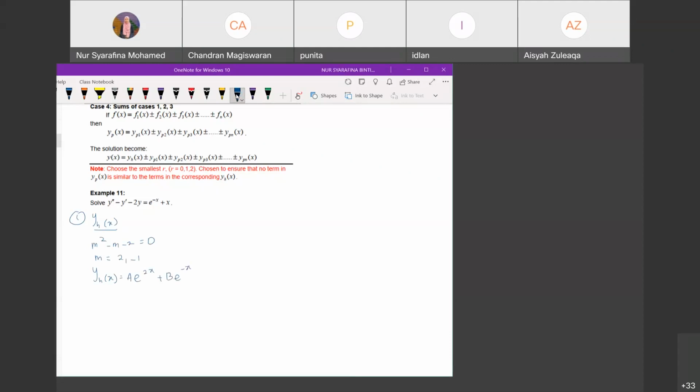Okay, and then in order to find yp, it is a combination of polynomial and exponential, which come from case 1 and case 2. So your yp should be yp1 plus yp2.